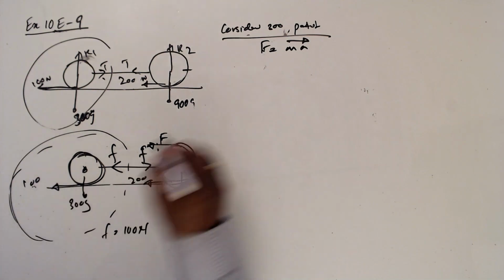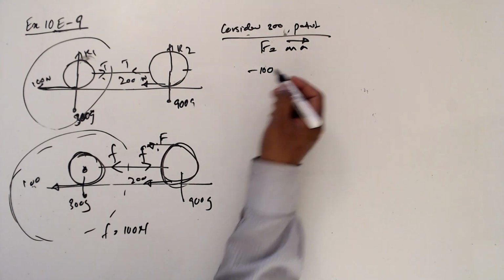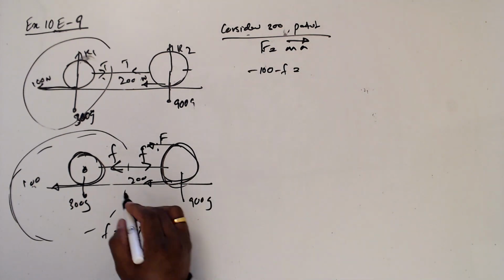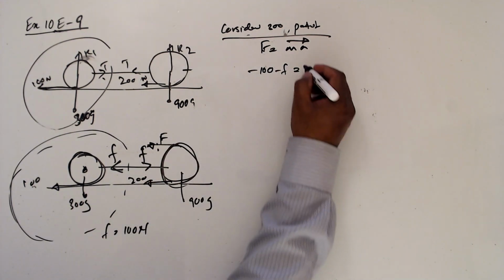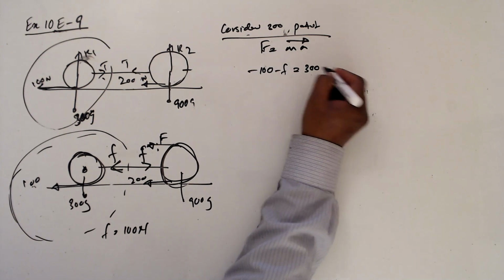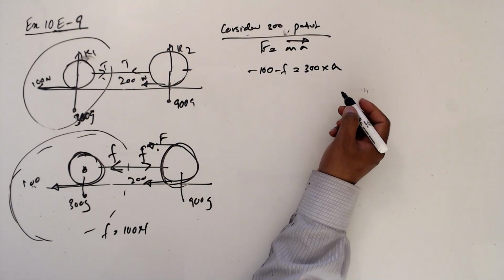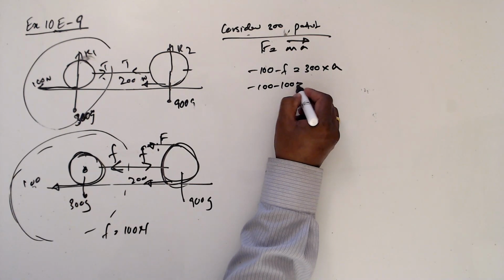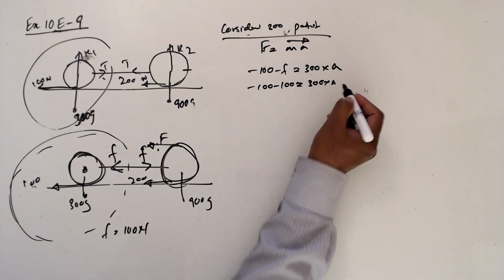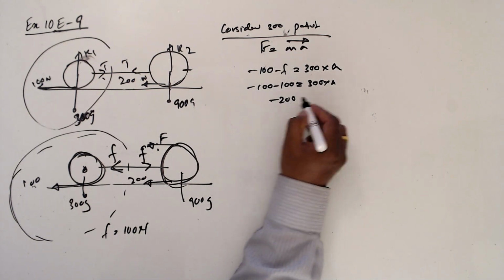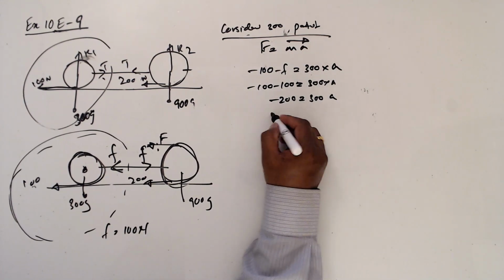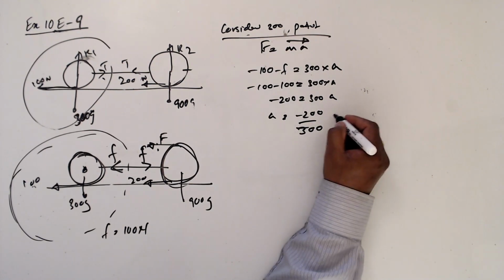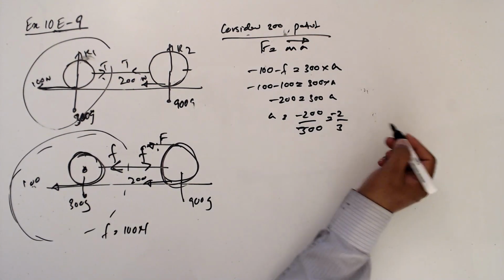The thrust minus 100 resistance, 100 minus 200, equals 300 times A, so A equals minus 200 over 300, which is minus 2 over 3.